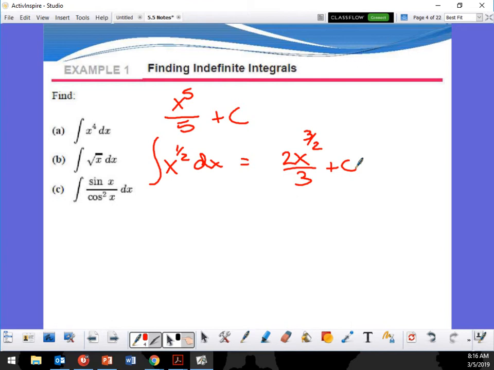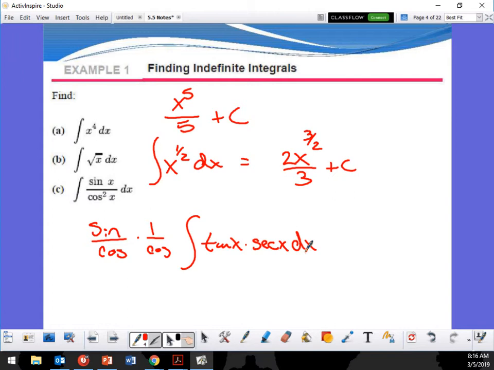Okay, so can I rewrite the sine over cosine squared? What's sine over cosine? Tangent. And don't I have one more? It's going to be sine over cosine times 1 over cosine. So I could rewrite that as the integral of tangent x times secant x.